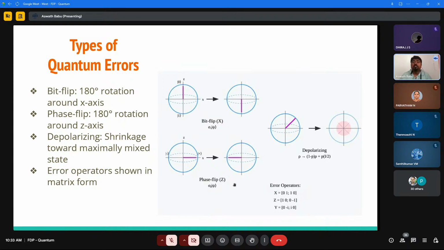The moment the system becomes mixed, I will represent that quantum state using density matrices, because the quantum state representation is not going to be sufficient there. Because of the mixedness, I would usually term the system as a depolarized system, or say depolarization is taking place. So it is another domain, another zone of error.